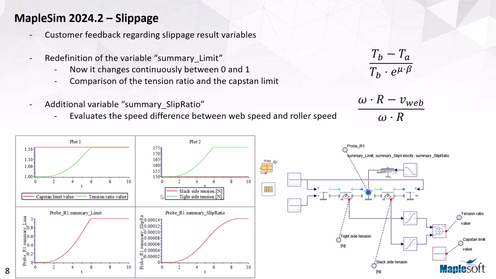That means it's the rotational speed times the radius minus the real web speed, and normalized also by omega times L. So these are some minor changes inside of the library, in all of the components that can slip, also for example the detailed roller or the variable nip roller.